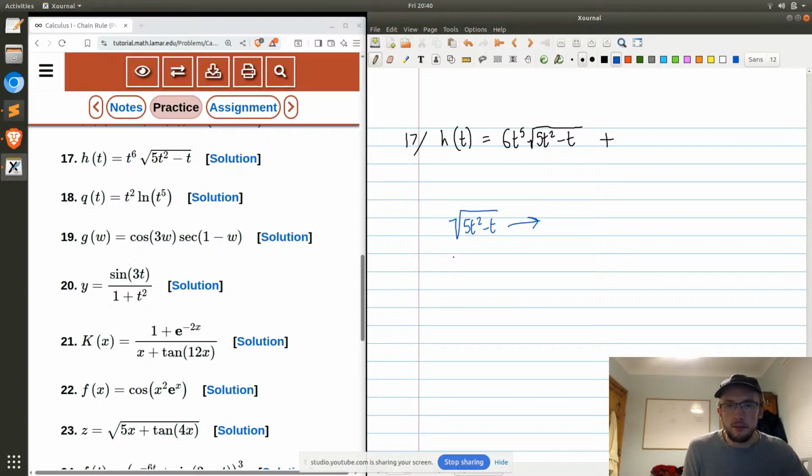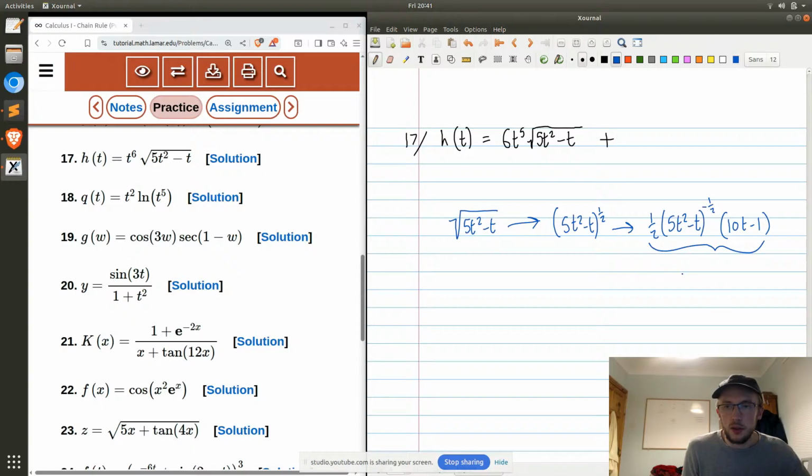Let's see. All of that is to the half, isn't it? And therefore, half comes down the front. This turns into a minus half, and then I have to times it all by 10t minus 1. And that's it.